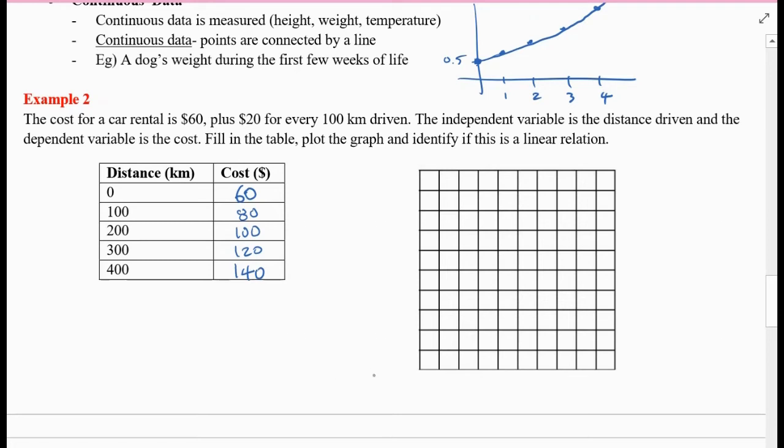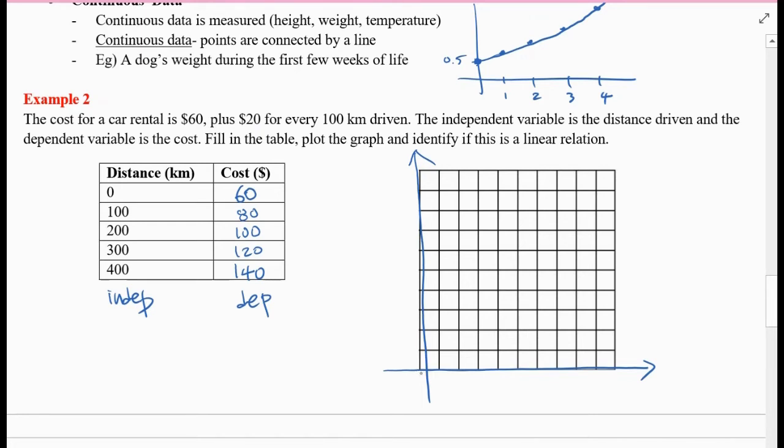Okay, so there's no scale here, so you're going to make the scale by yourself. Say this is the independent variable, and this is the dependent variable because the cost depends on the distance. So the independent variable is the horizontal variable.